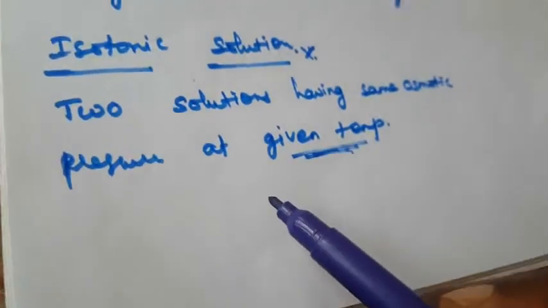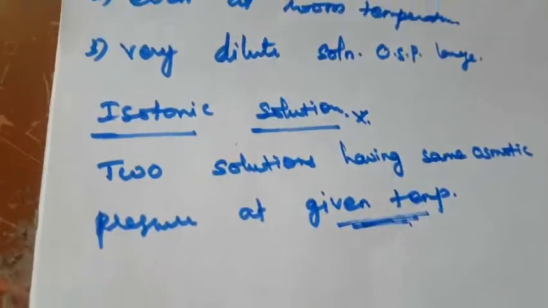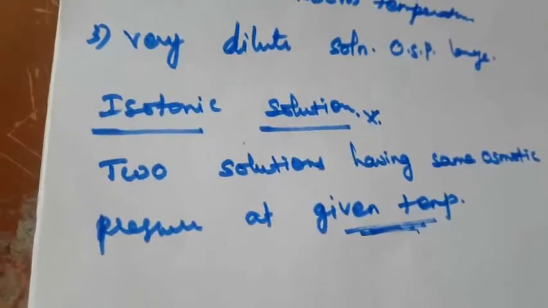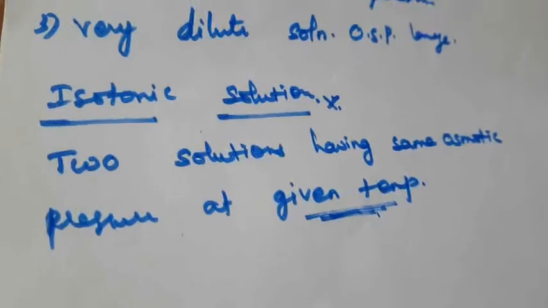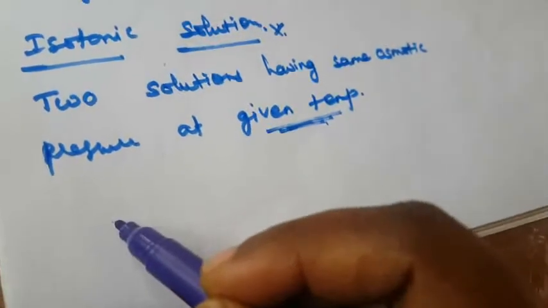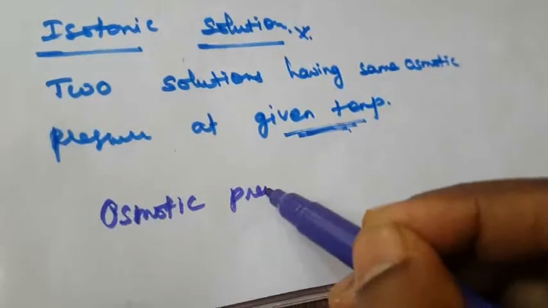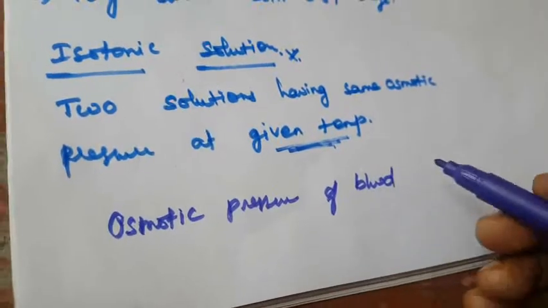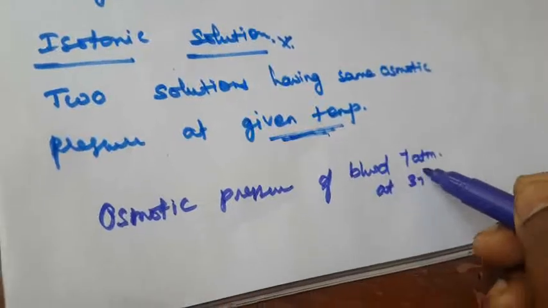The osmotic pressure of blood is approximately 7 atmospheres at 37 degrees Celsius.